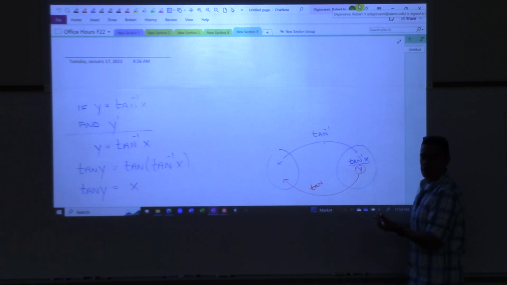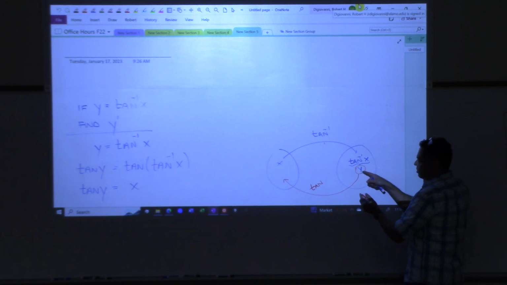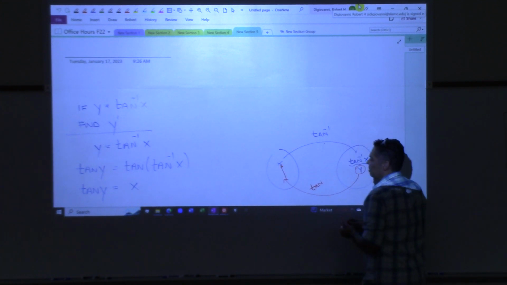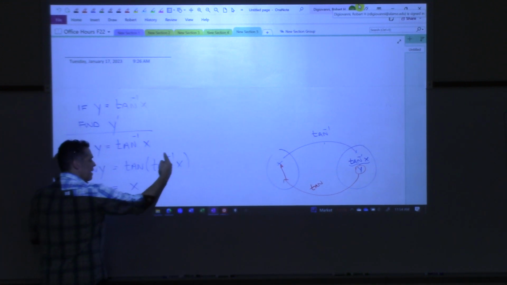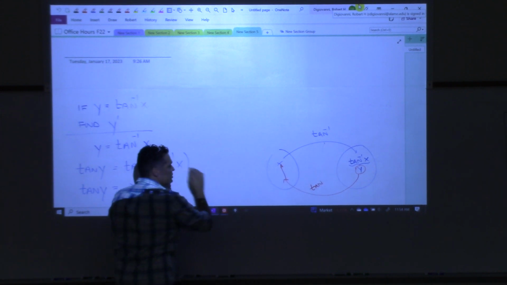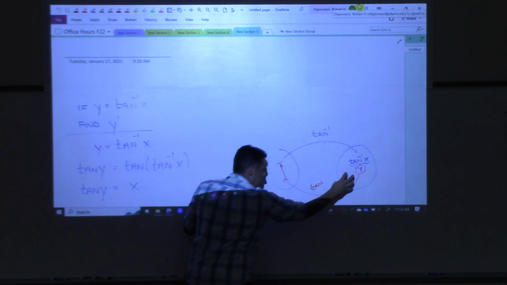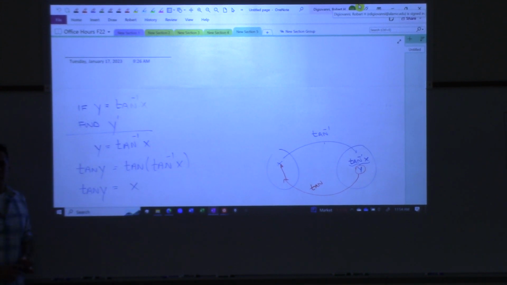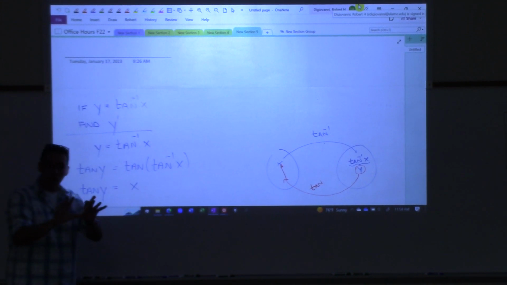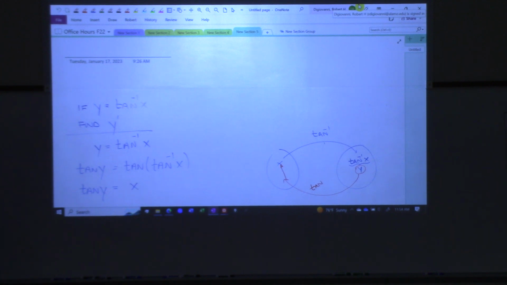Tangent would take it back. So if I do tangent of that, it would go back to x. And that's exactly what we're doing here. X first goes into the tangent inverse function, comes out over here, and then we send that answer back through the tangent function, and it comes back out as x. That's not multiplication. I just want to be clear. It looks like multiplication, but it's not.